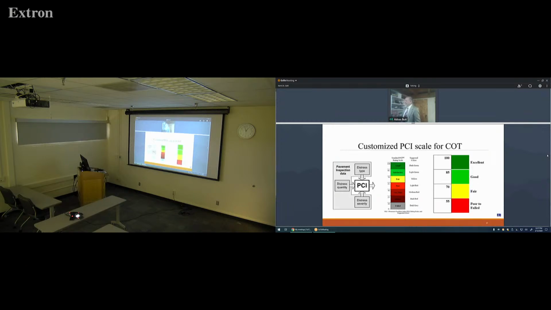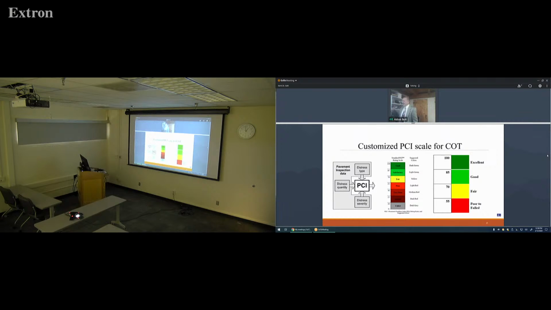Then also, we did a little bit of customization of the pavement condition rating scale, ASTM E3433. The city wanted to use 4 bands of rating: 0 to 55 pavement condition index, which is the poor to fair condition, and fair is 55 to 70, and then good condition is 70 to 85, and excellent pavement condition from 85 to 100.